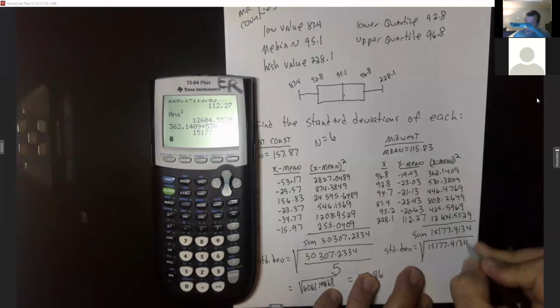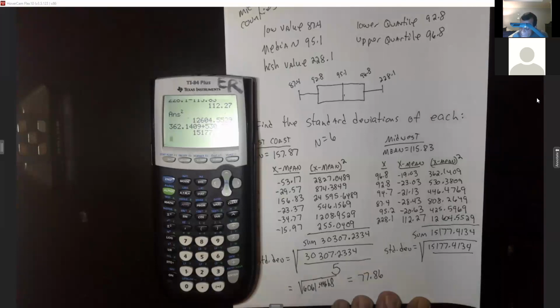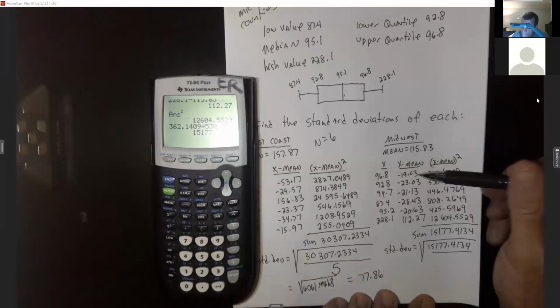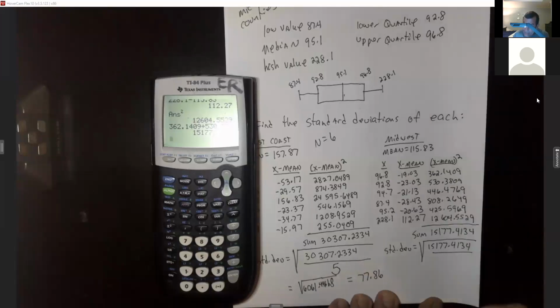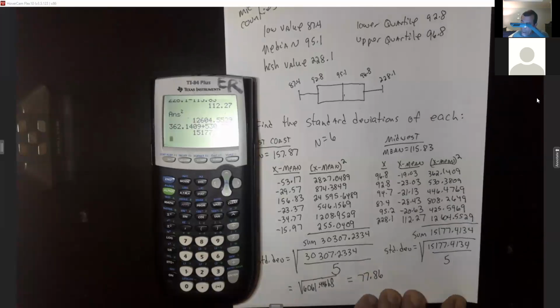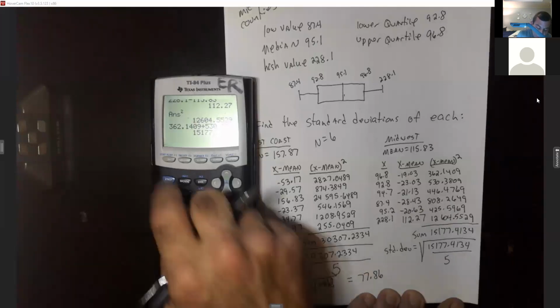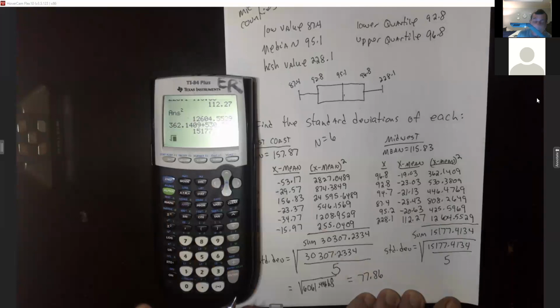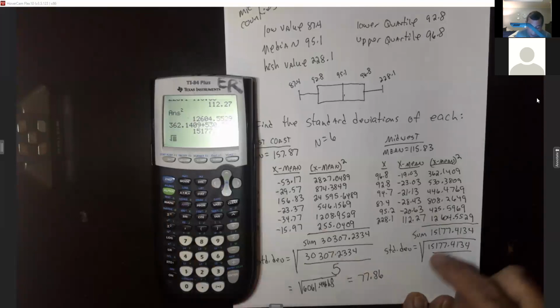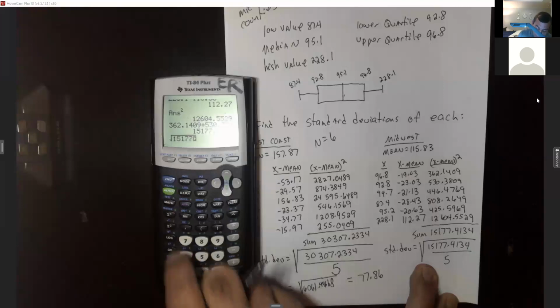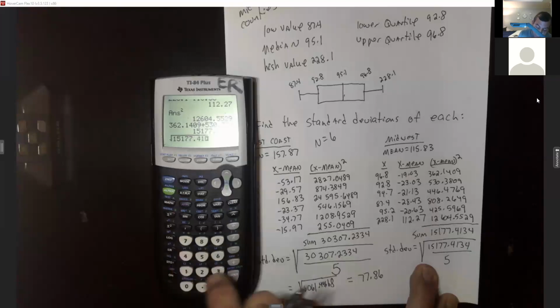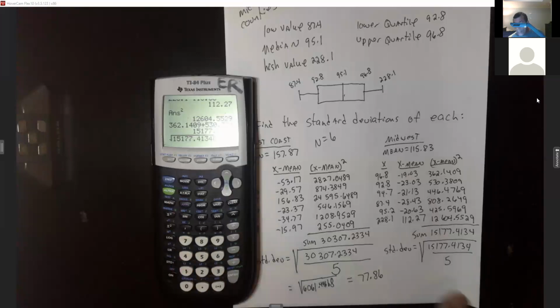So now to get that standard deviation, it's the square root of 15,177.4134 divided by 5, because I had 6 data points, 1, 2, 3, 4, 5, 6, and 6 minus 1 is 5. So y'all watch how I do this all in one problem. I'm going to hit my radical, which is second x squared, and put this whole thing in it: 15,177.4134 divided by 5, all under that radical.